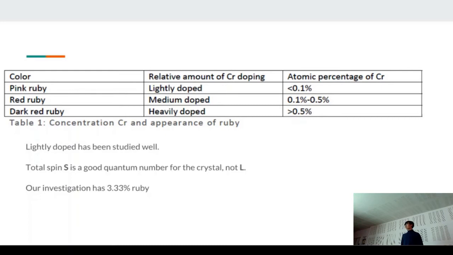So these are different concentrations of chromium ions in your crystal. Lightly doped is less than 0.1%, medium doped is between 0.1 and 0.5, and anything higher is heavily doped.